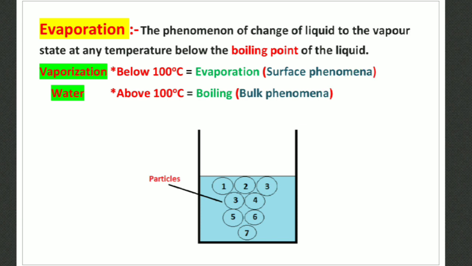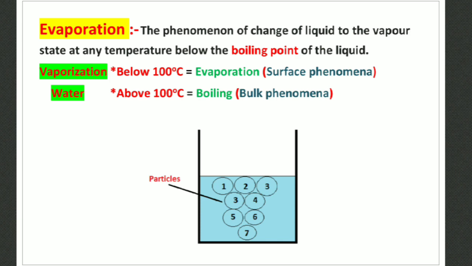So now I am explaining this with the help of this figure. Look at this figure. This is a water-containing beaker, and I'm considering some particles here: particle number 1, 2, 3, 4, 5, 6, 7. There are 7 particles. If you look at this figure, the 3 particles 1, 2, 3 are at the surface of the liquid.